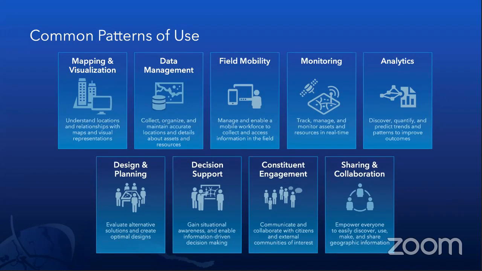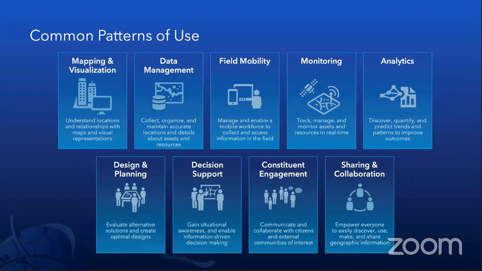As organizations implement GIS to meet different user workflows, most of these business workflows and implementations fall into such patterns that we see here. For example, GIS can be used for mapping and visualization only, which is the most common use that we know, but also for collecting and organizing the data to maintain accurate locations for assets.